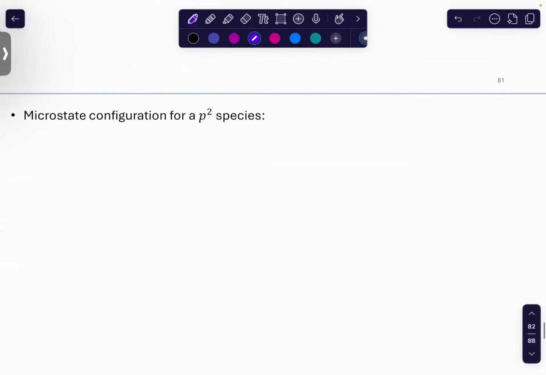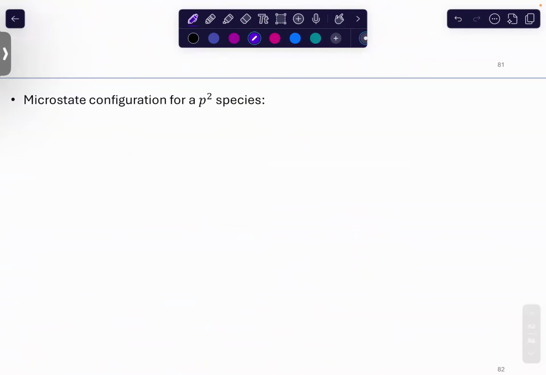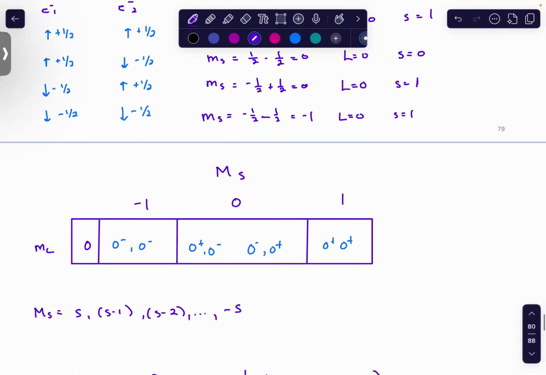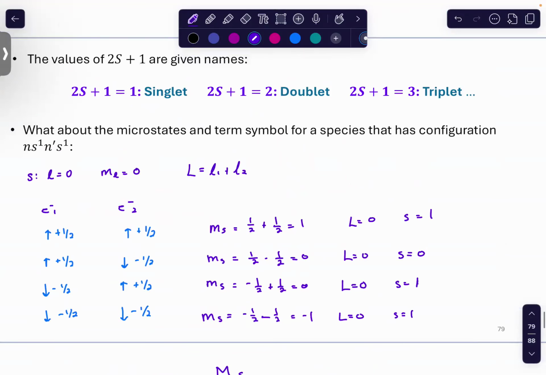So let's look at a P2 species here. Now, I told you about symmetric versus anti-symmetric. Again, we're back to 2 electrons in the same subshell, so we have to have an anti-symmetric wave function this time due to the Pauli exclusion principle. Up here with this nS1, n'S1, we could have a symmetric wave function because these 2 electrons are in 2 completely different subshells.